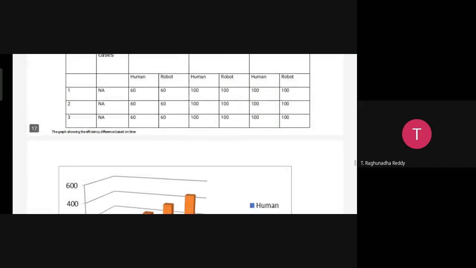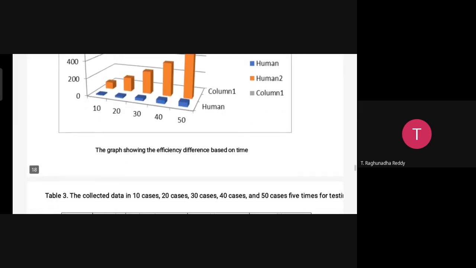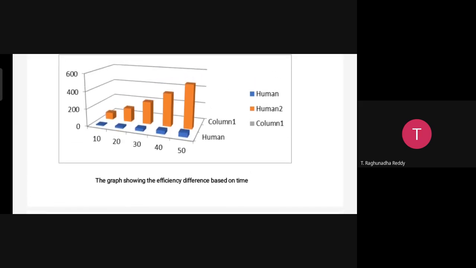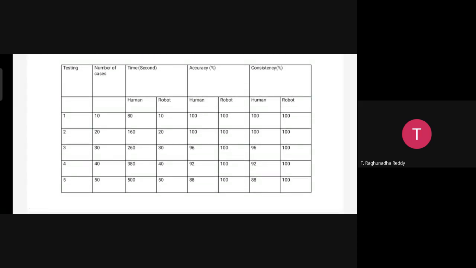It is mostly because it is the starting of the system. The robot and the human beings have done correctly to the point. And when it comes to the different times, accuracy, and consistency, the diagram which I have shown is only taking the time. Here I have given the tabular form.